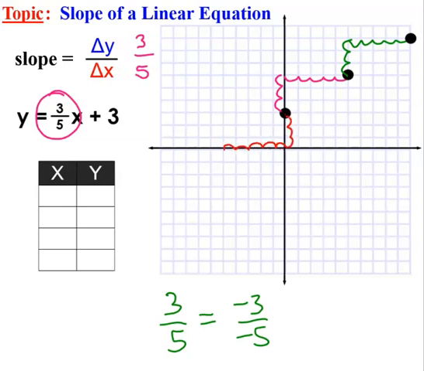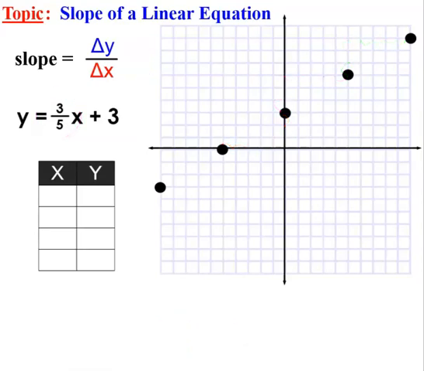And when I do that, I would plot the point here. I could do it again, down 1, 2, 3, left 1, 2, 3, 4, 5. And once I'm done, I can connect my points with a straight line with arrows on both ends.